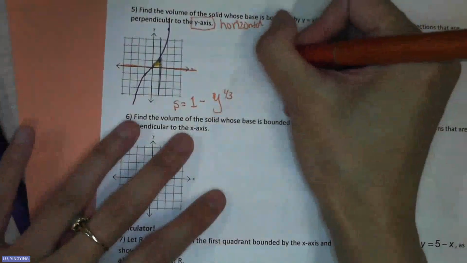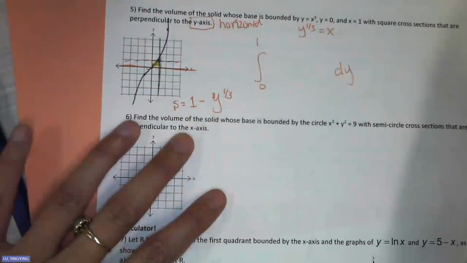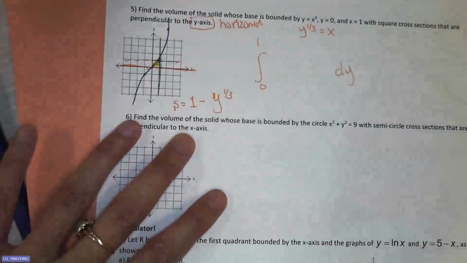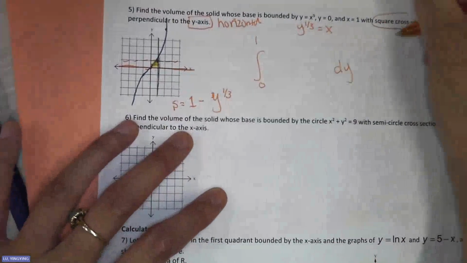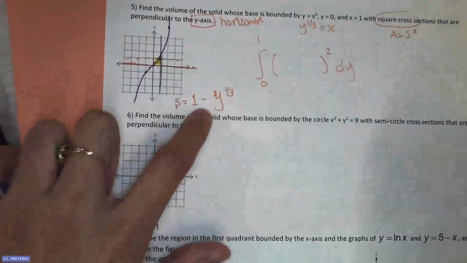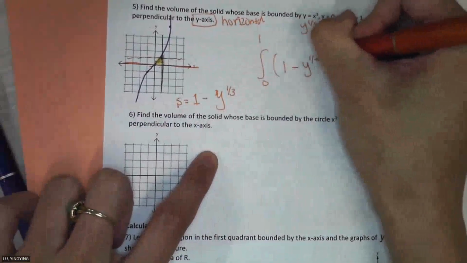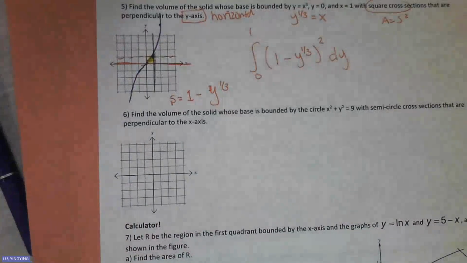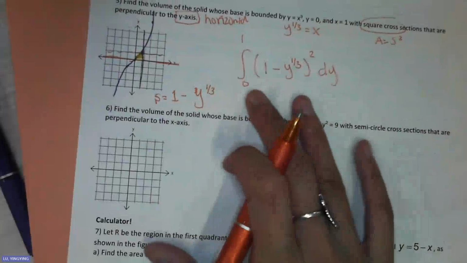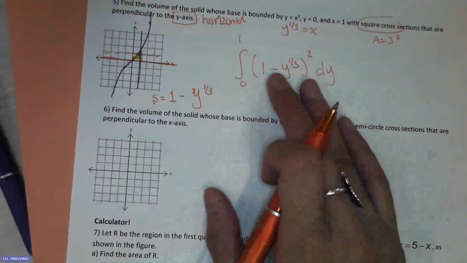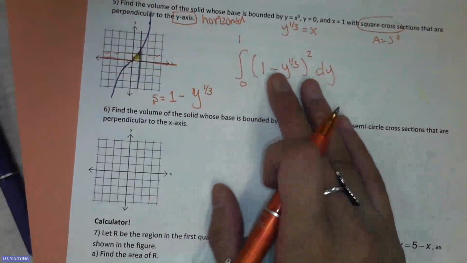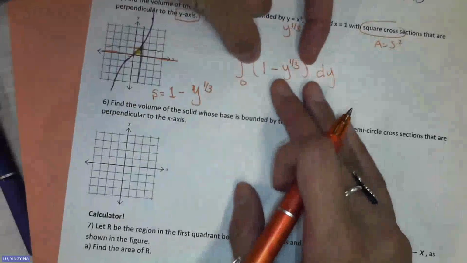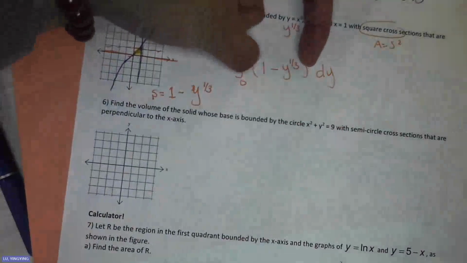What's the bound? It's the y bound, 0 to 1. And then I need what kind of cross section? Square cross section. So that's A equal to s squared, and your s is this. Now, to save time, I'm not going to do the work on this one. If you have to do the integration, this is one where you cannot do u-sub, because if u is this, du will be 1/3 u to the 2, whatever.